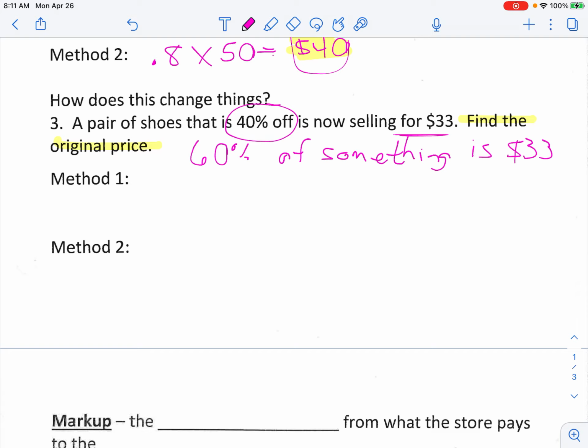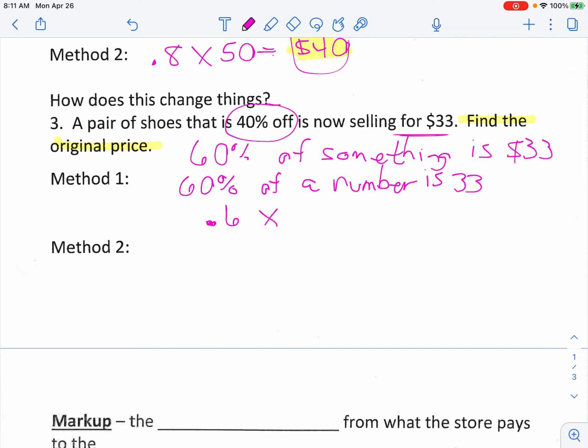Well, how do we find a percent of a number? We can do a one-step equation. So 60% of a number is 33. Now, going back to what we learned last week about how to find the percent of a number using an equation, we learned to immediately convert that percent to a decimal.